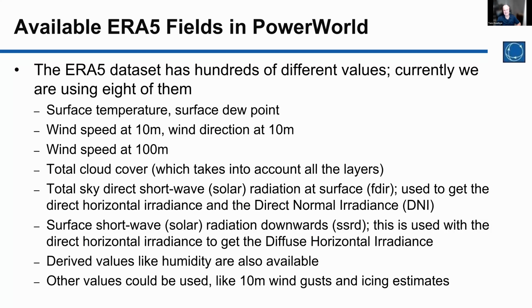On the ERA5 data set itself, it has hundreds of different values. If you're familiar with weather modeling, they model surface values, but then they model different layers going up throughout the atmosphere. We just grab 8 of them right now. We grab the surface temperature, the surface dew point, the wind speed at 10 meters, the wind direction at 10 meters, the wind speed at 100 meters, the cloud cover percentage, which takes into account all the layers.